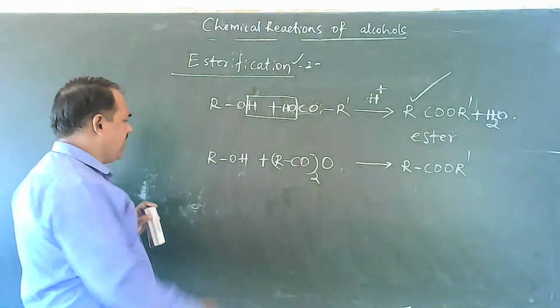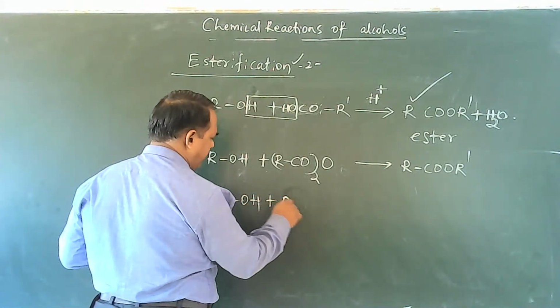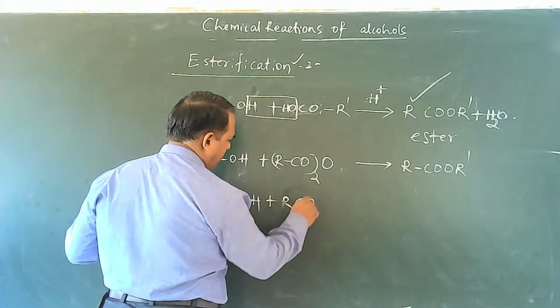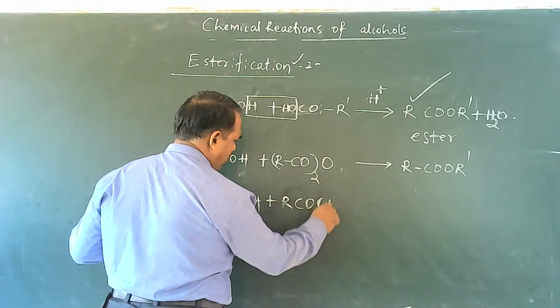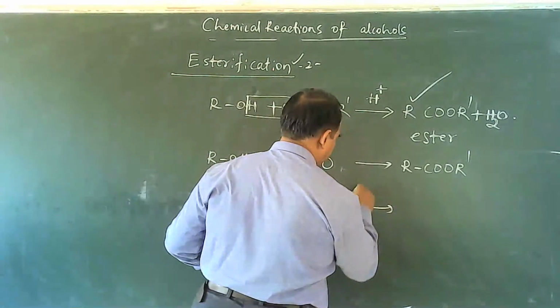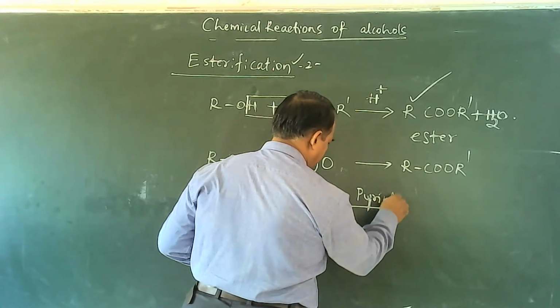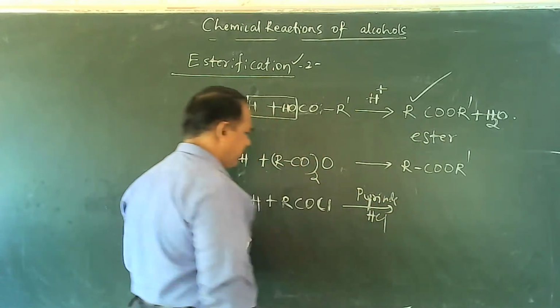Okay. If alcohol reacts with acid chloride like RCOCl, you will get an ester in the presence of pyridine. We have to use pyridine base as a catalyst.